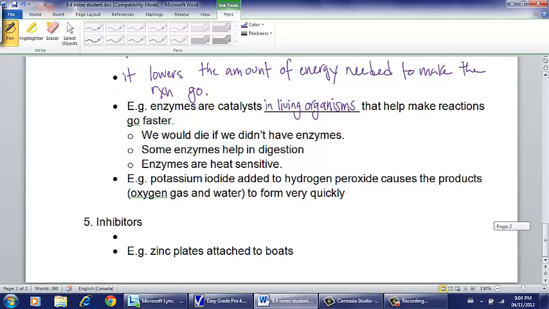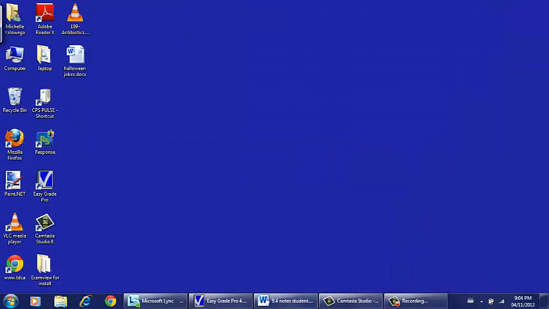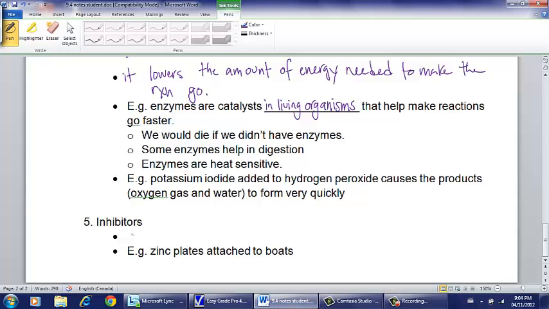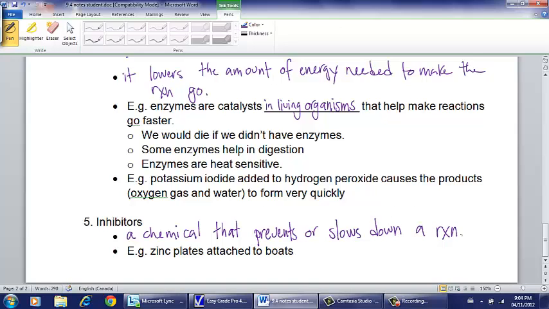The last thing that can affect reaction rates is something called inhibitors, and unlike the rest of them that made things go faster, adding an inhibitor will make it go slower. So it's a chemical that prevents or slows down a reaction.